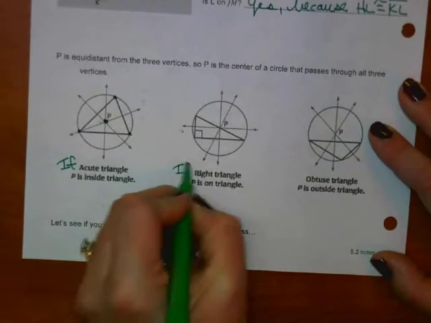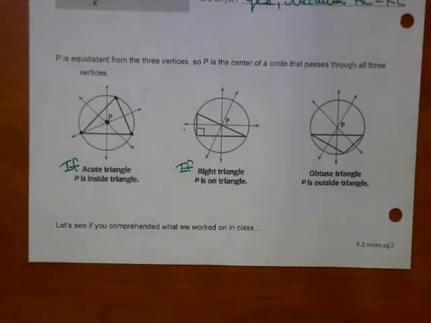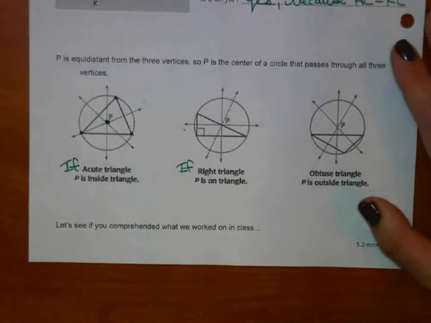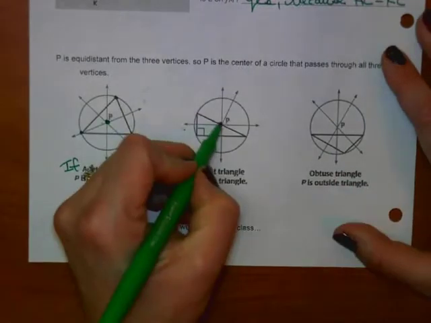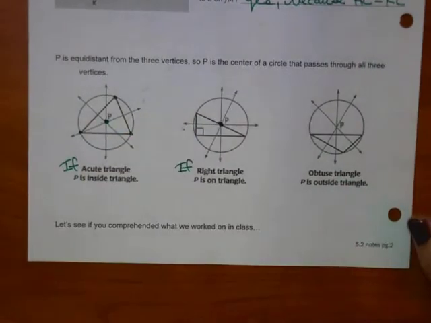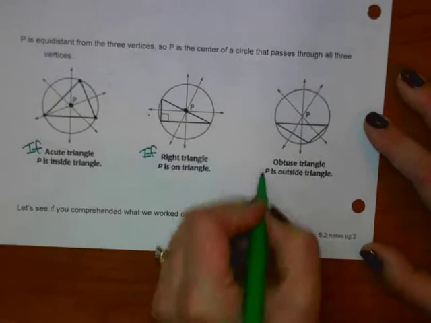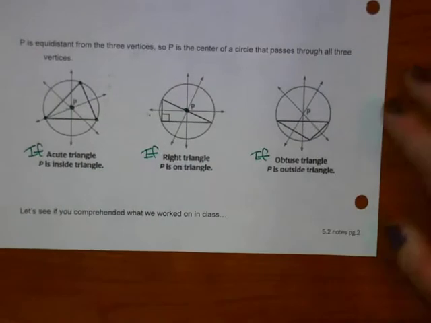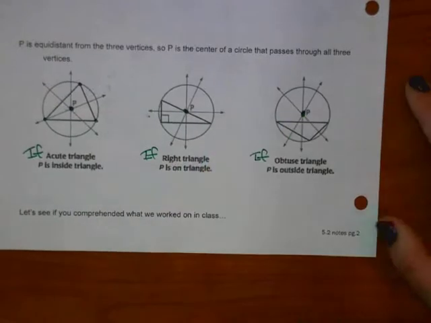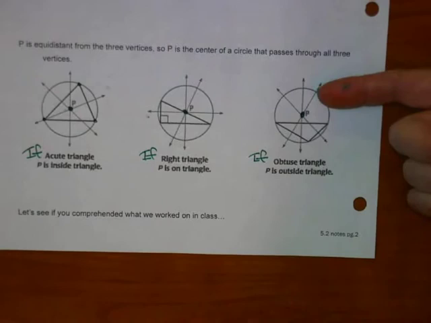Here, if you're working with a right triangle, then P, the point of concurrency, will be on one of the sides of the triangle. And then if you're working with an obtuse triangle, P is outside the triangle. And it would still be outside though, wouldn't it?